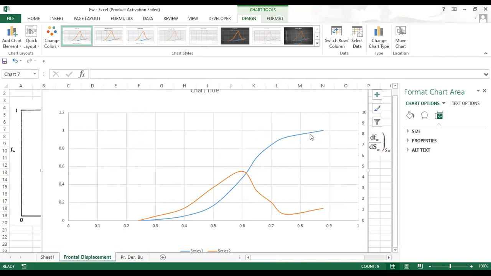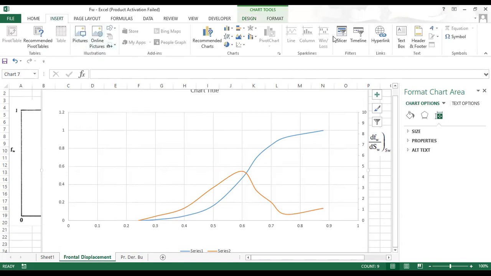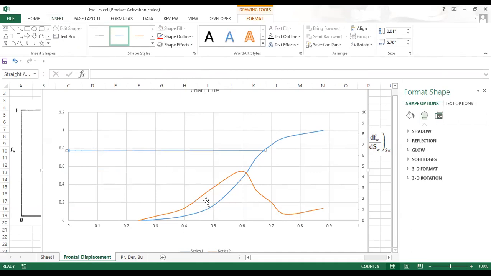Then after that, it has taken a positive path. So here, this is the point where the flood front stability is available. The y-axis is FW and the x-axis is SW. So FWF will be here and SWF will be here. So I'm going to insert points. This is one point.